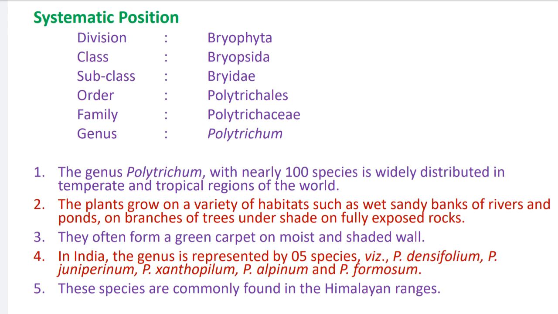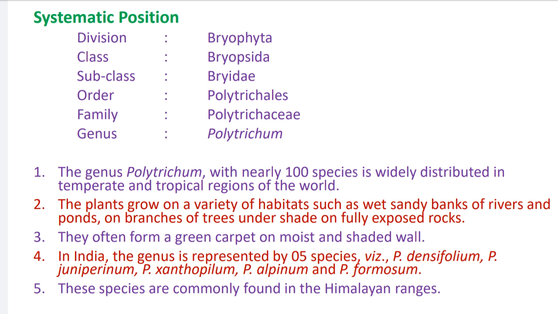Number 4. In India, the genus is represented by 5 species. Polytrichum densifolium, Polytrichum juniperinum, Polytrichum xanthophyllum, Polytrichum alpinum, and Polytrichum formosum.